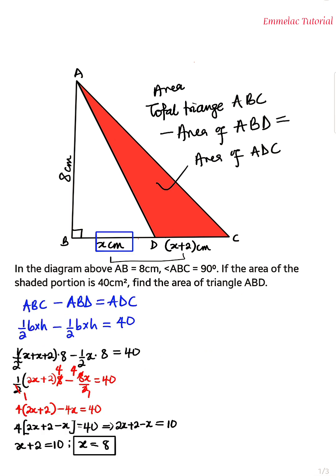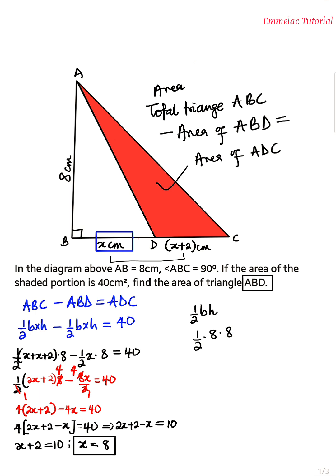Now that we've gotten the value of x, let us find the area of triangle ABD. Take note, our formula is 1 over 2 base times height. Here we now have 1 over 2, our base is simply x, and the value of x is 8, then times height, which is also 8.